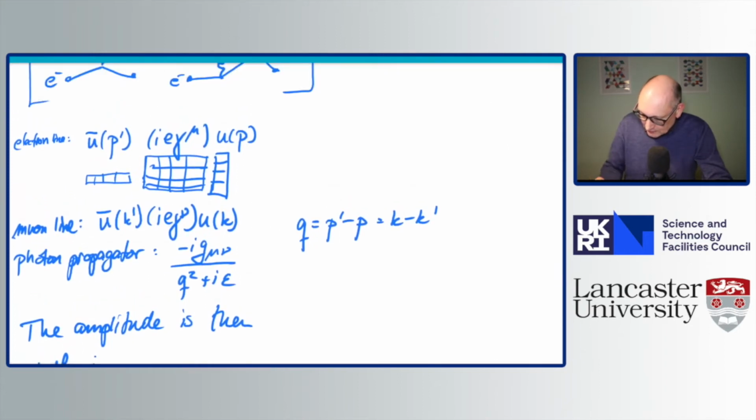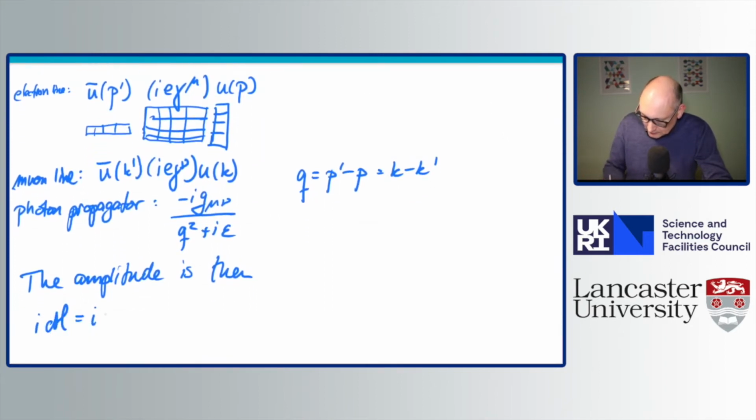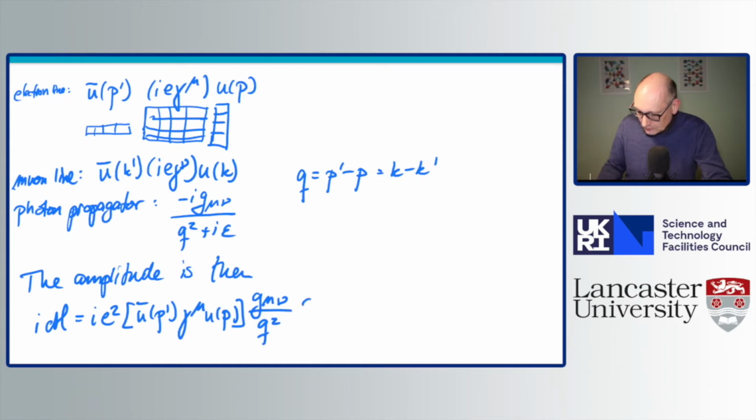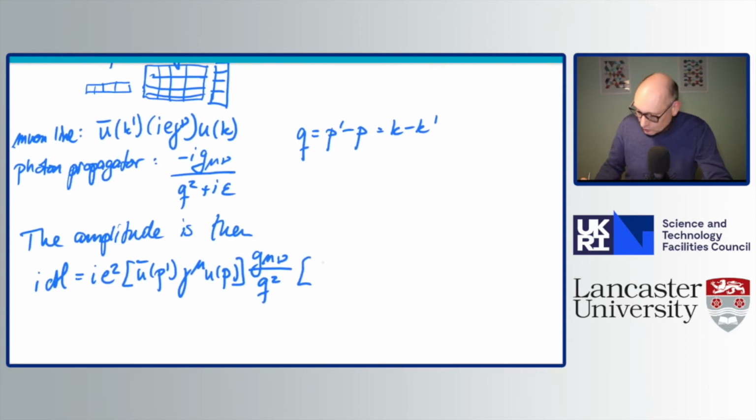We have an e from here and an e from there, so that's e squared. And then we have the spinor strings. So we have a ū(p'), a gamma mu, a u(p), then the g mu nu over q squared, and then the muon contribution, ū(k'), gamma nu, u(k).